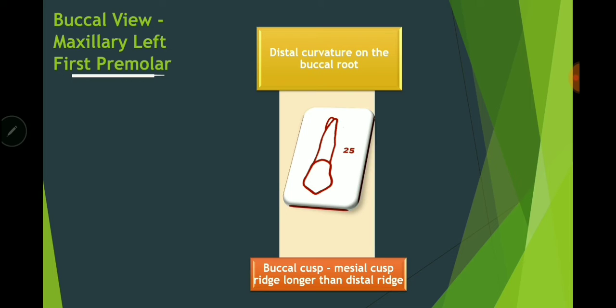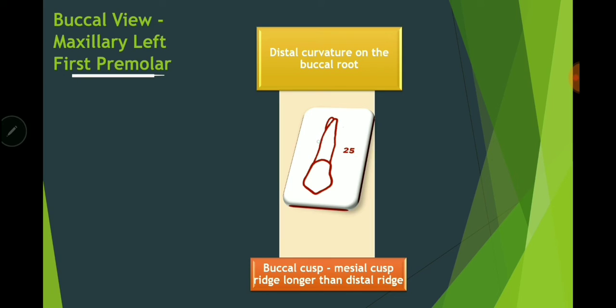And the buccal view, maxillary first premolars, the distal curvature on the buccal root is more prominent, as you can see. Remember, maxillary first premolars have two roots, and the distal curvature on the buccal root is prominent.